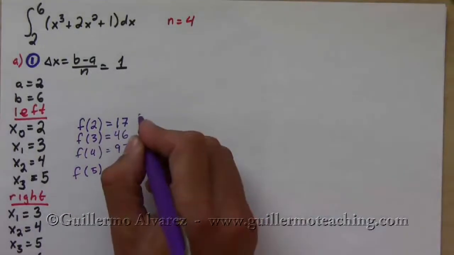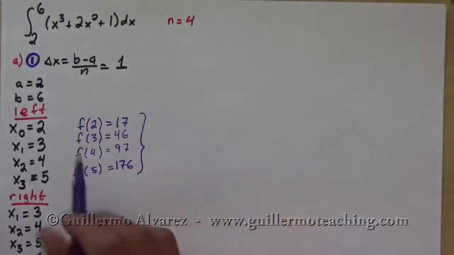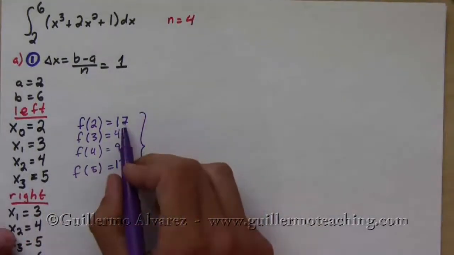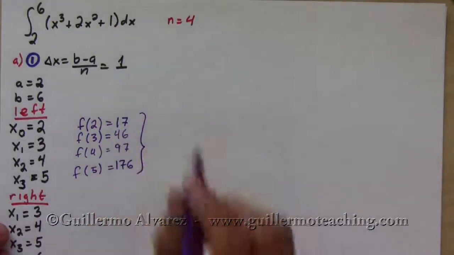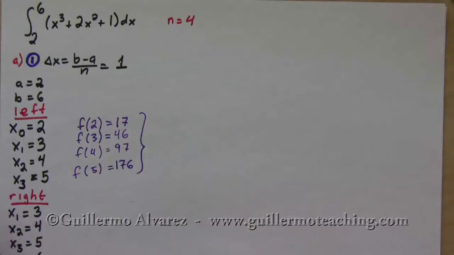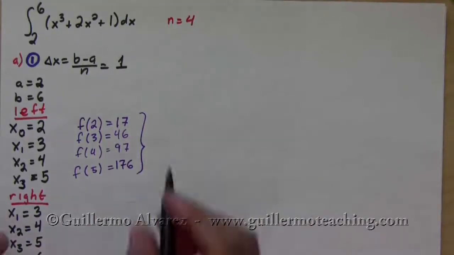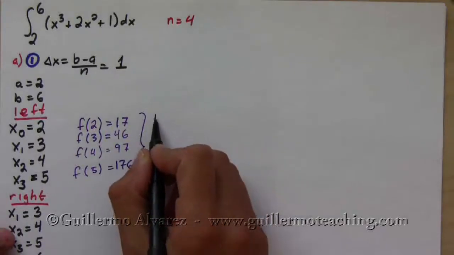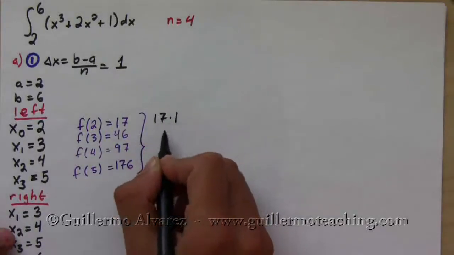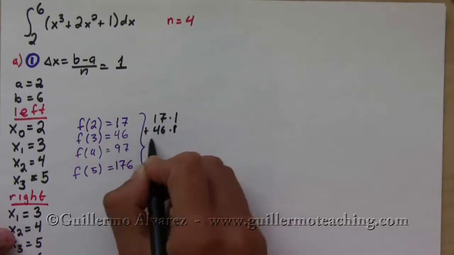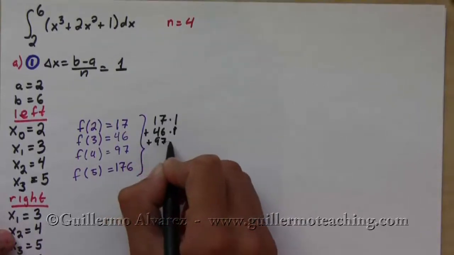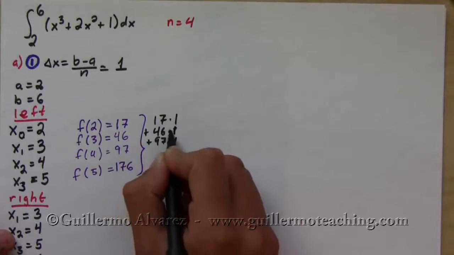Okay, and then remember that what I do is I just grab each one. These represent the height, multiply by the base, which is delta x, and I get the area underneath the curve. So this would be 17 times 1 plus 46 times 1 plus 97 times 1.